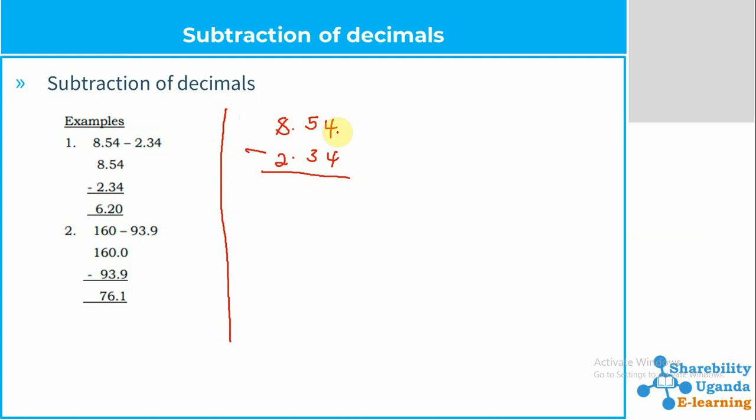When you subtract 4 from 4, I should be able to get 0. Also, when you subtract 3 from 5, or 5 minus 3, we get 2. Then 2 from 8, we get 6. So that becomes our answer.